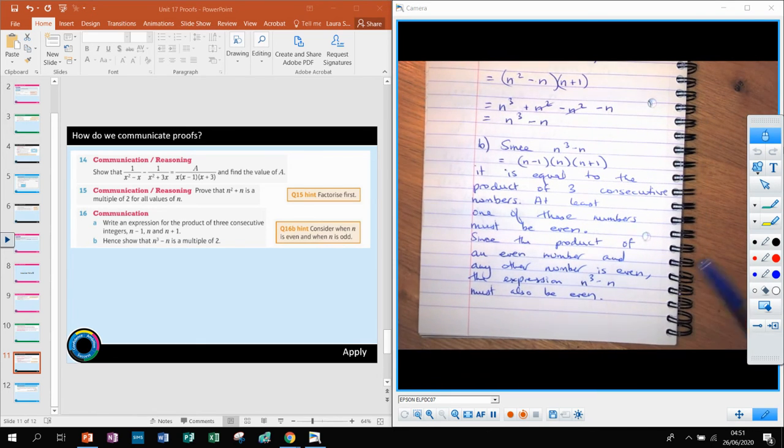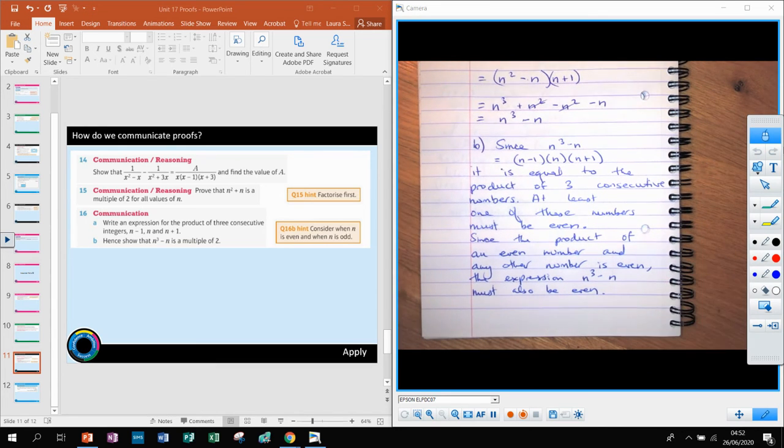Okay, so proofs are all about reasoning. Okay, reasoning and making sure you know those definitions and how to apply them. All right, so well done.